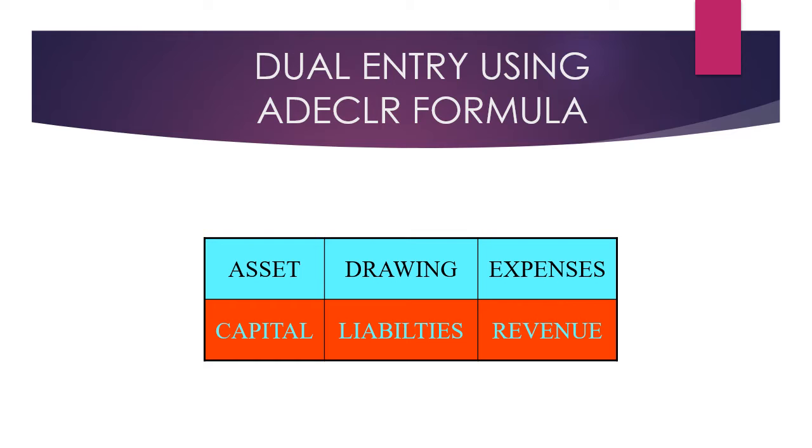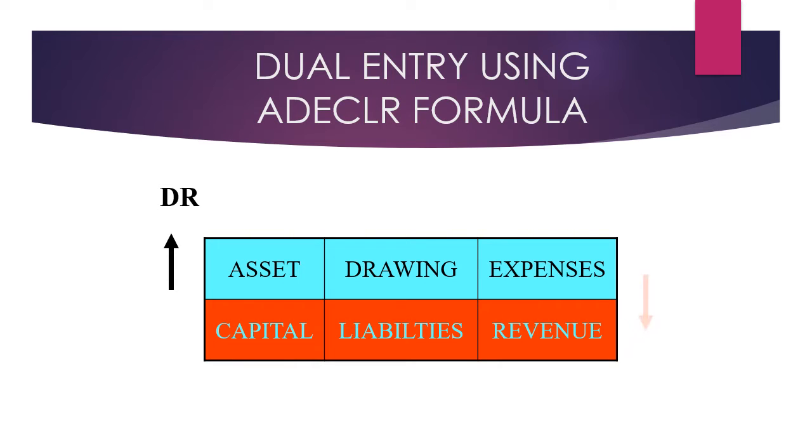Whenever an item falls into the classification of asset, drawings or expenses, and these items increase in the business, for example, just now the money in the bank of the business has increased. The money in the bank is classified as an asset. So when the money in the bank, the asset, increases, that bank account should be on the debit side. The amount that you record is on the debit side.